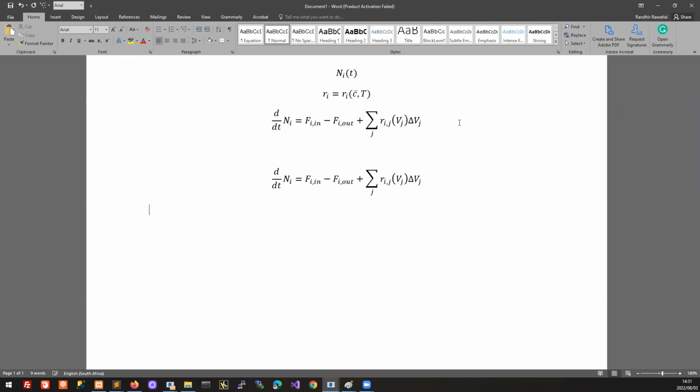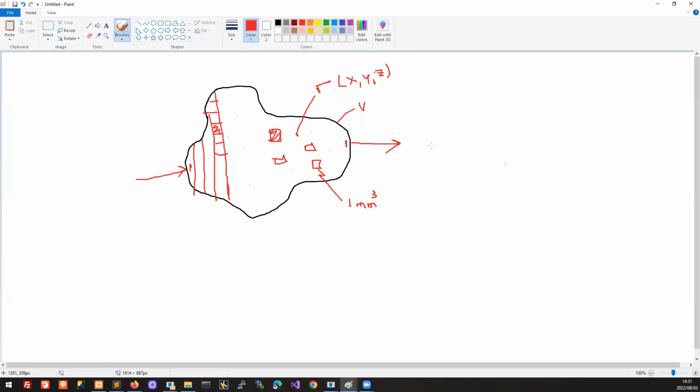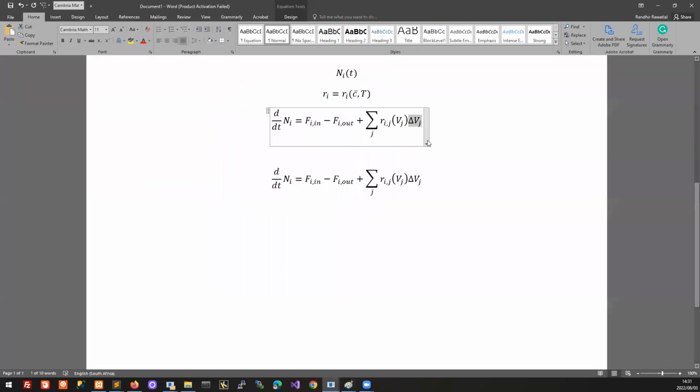So that's right. As you let delta V tend to 0, this becomes more and more accurate, right? So number one, this was always an approximation. We said, well, we hope in one cubic millimeter the reaction rate is constant enough, uniform enough across that space.